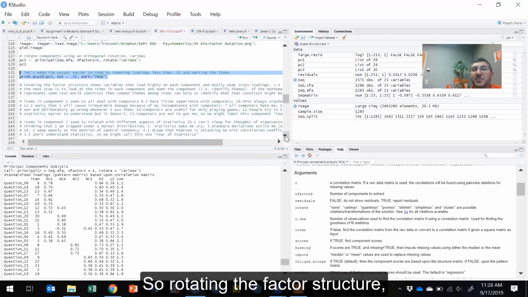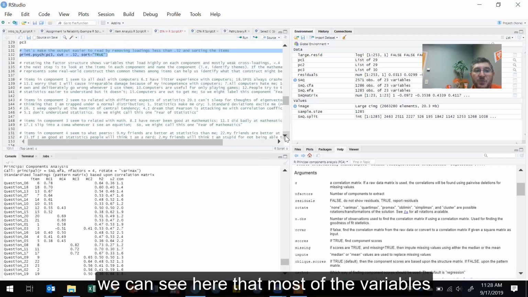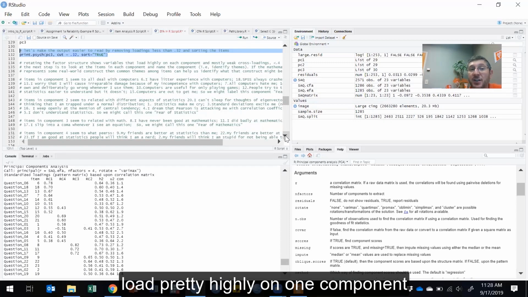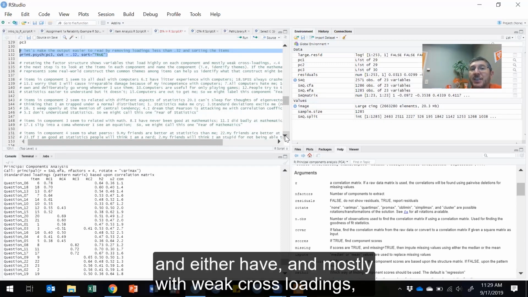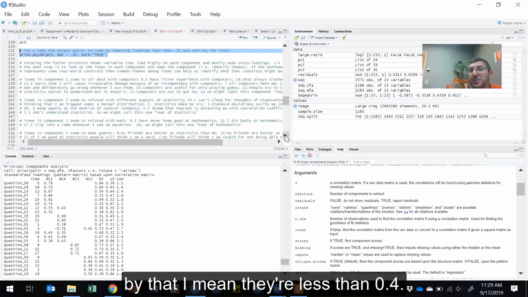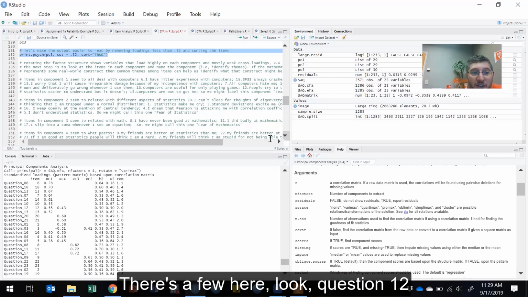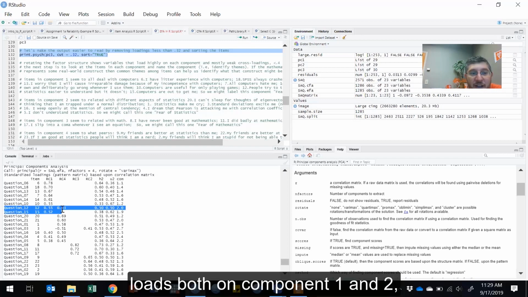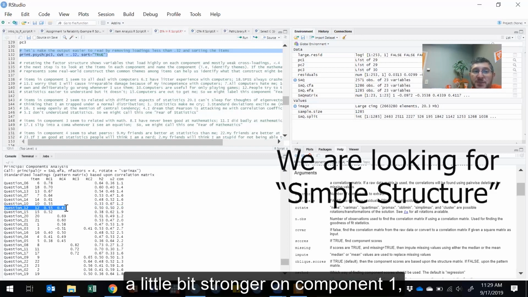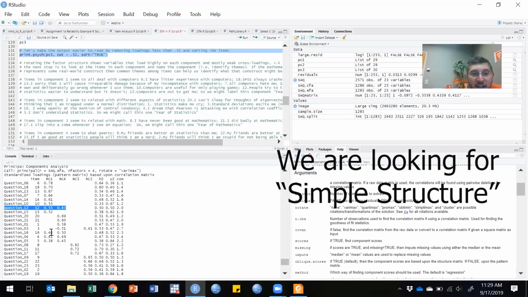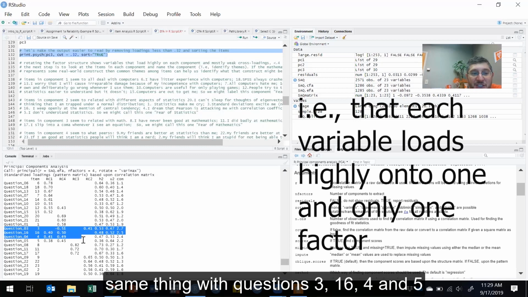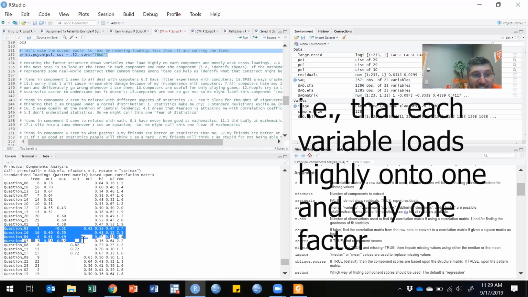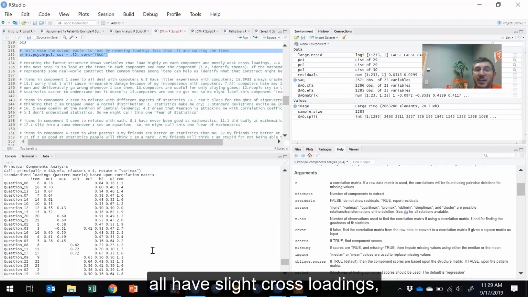So, rotating the factor structure, we can see that most of the variables load pretty highly on one component, and mostly with weak cross loadings. By that I mean they're less than 0.4. There's a few here. Look, question 12 loads both on component 1 and 2, a little bit stronger on component 1. Same thing with questions 3, 16, 4, and 5, which all have slight cross loadings.